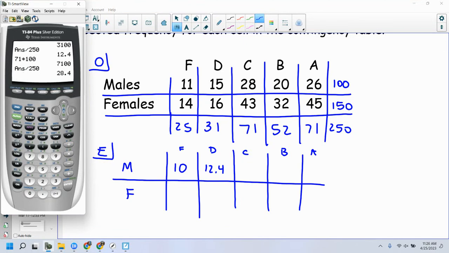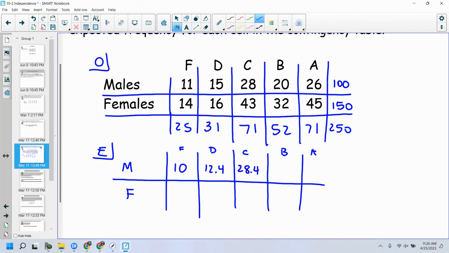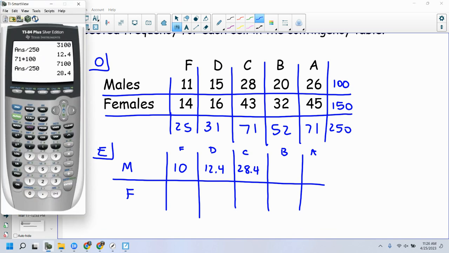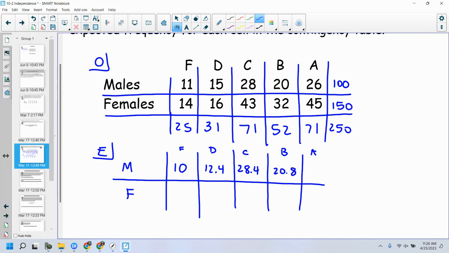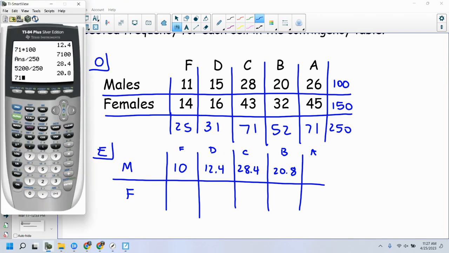That's going to get me 28.4. We've got B's, 5,200 divided by 250. That's going to get me 20.8. And then male A expectation is 7,100 divided by 250, which is 28.4.